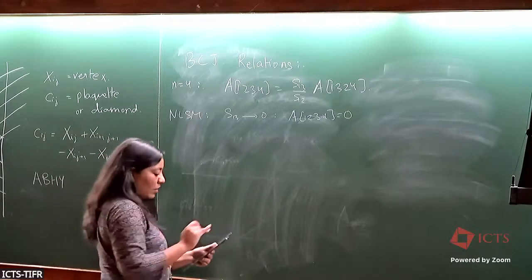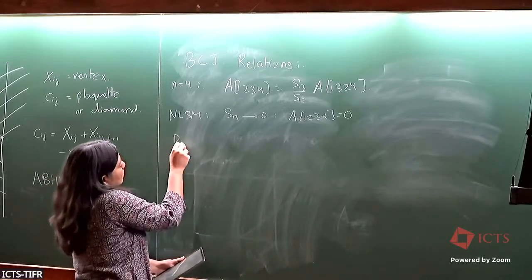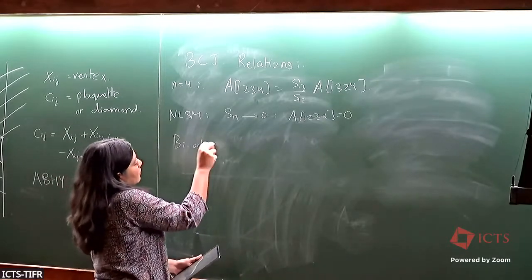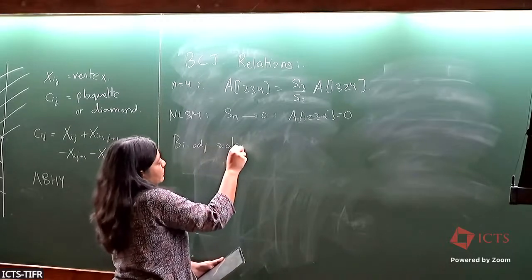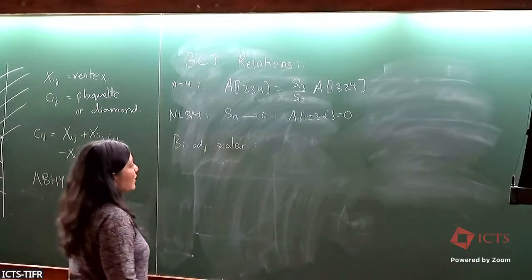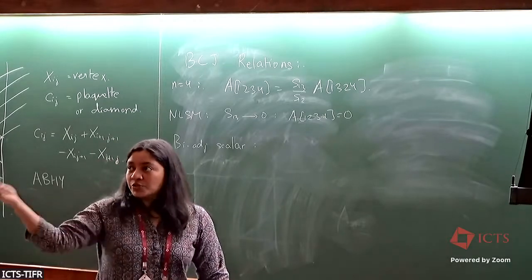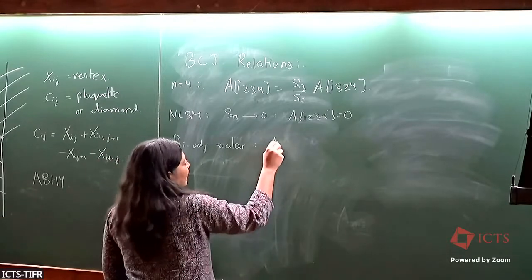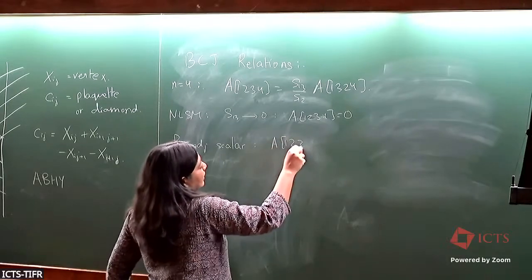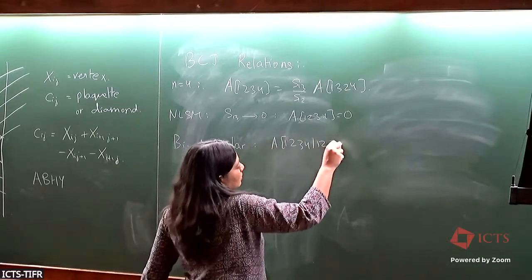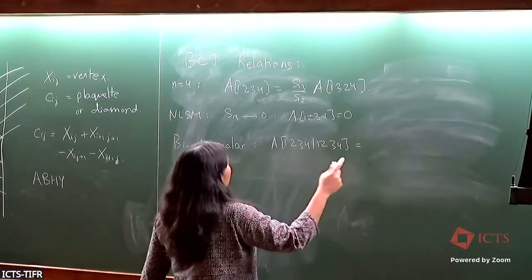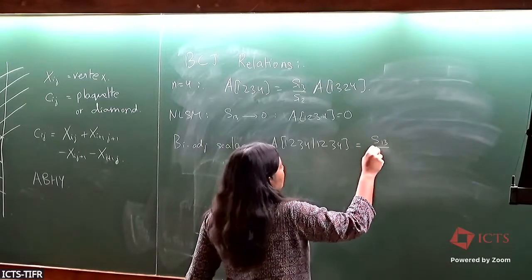Biadjoint scalar. Now, trace phi cubed has only one color, while biadjoint has two adjoints. But trace phi cubed amplitudes can be written as the diagonal elements of the biadjoint scalar, which is color kinematic dual.